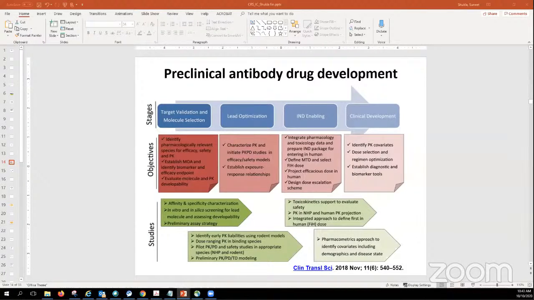You define the maximum tolerable dose, select the first in human dose, project the efficacious dose in human, and also design the dose escalation scheme. A lot of that is done based on the toxicokinetic data, which is already available to evaluate the safety. The PK in non-human primate and its projection to the human PK is important because that's how you will come to your first in human dose.